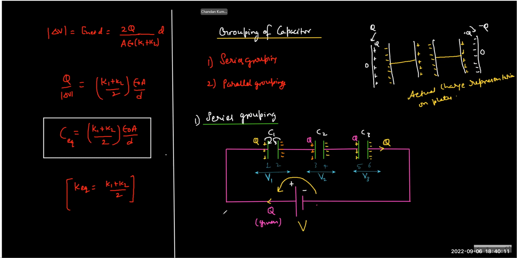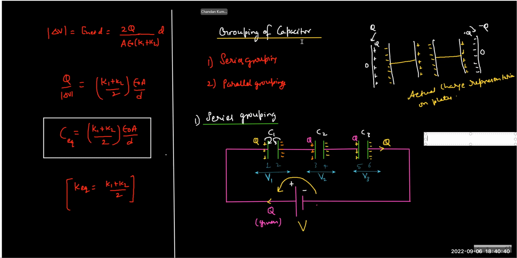So what is the meaning of charge given by the cell? It is the charge which appears on the plate which is electrically connected to the positive terminal of the cell. It's a long sentence. Shall I put it in words? I'll put it here.